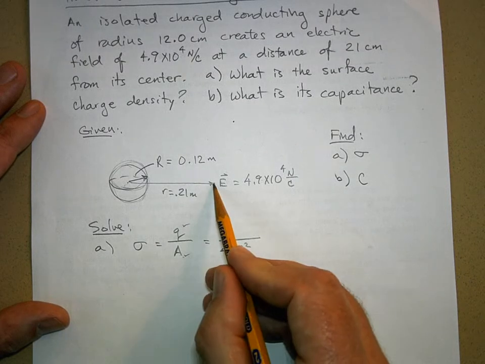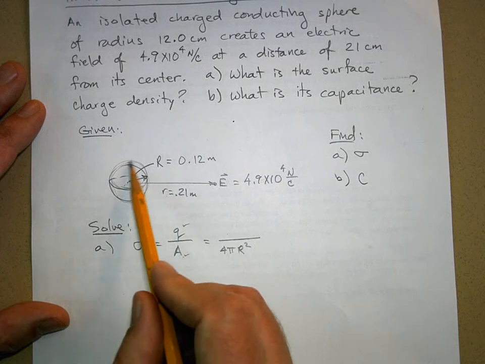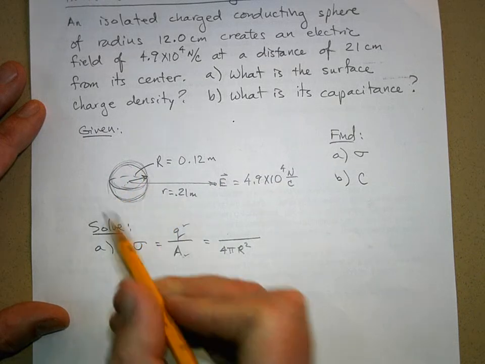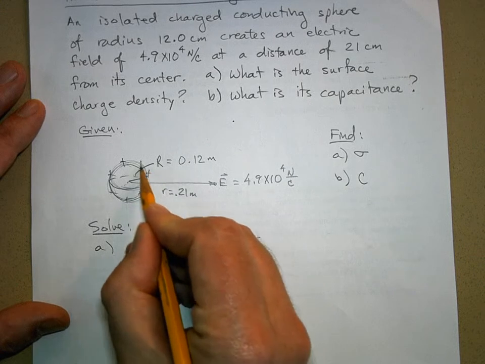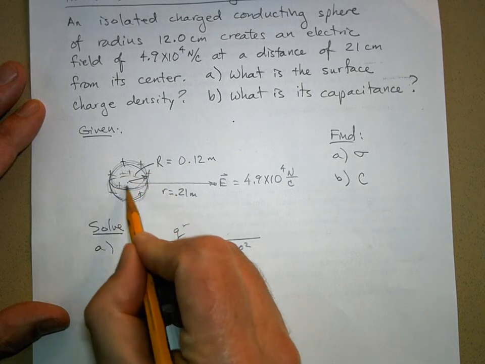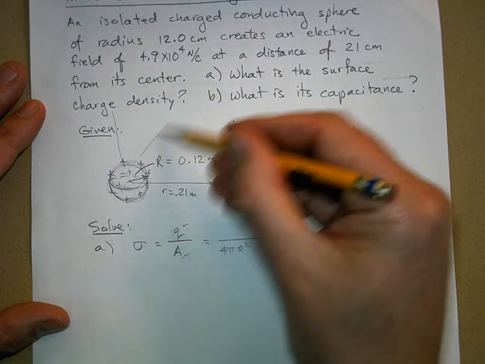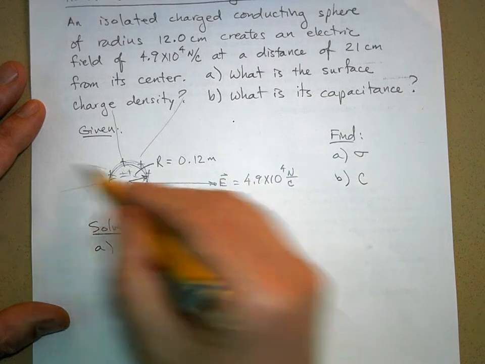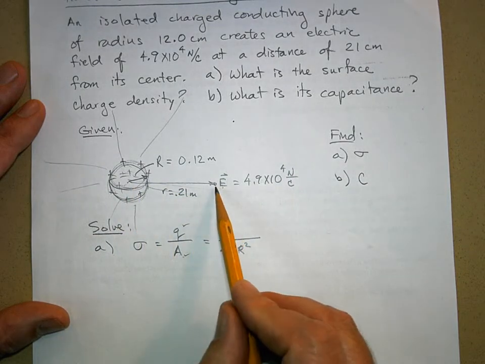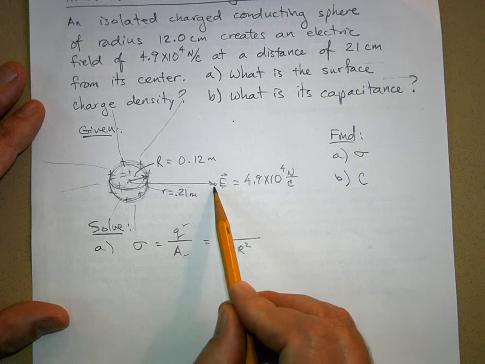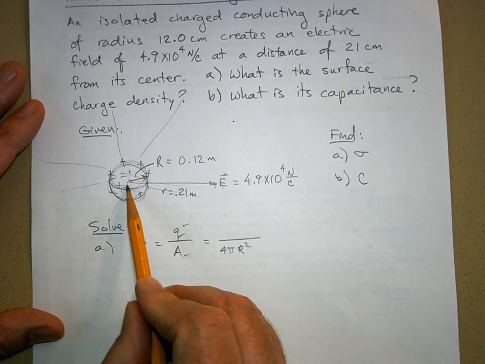We have an electric field out here, and one of the things you have to recognize is that this charge has a spherical symmetry to it. So the electric field lines just spread out in all directions in three-dimensional space. As far as test charges outside the sphere, this looks just like a point charge.